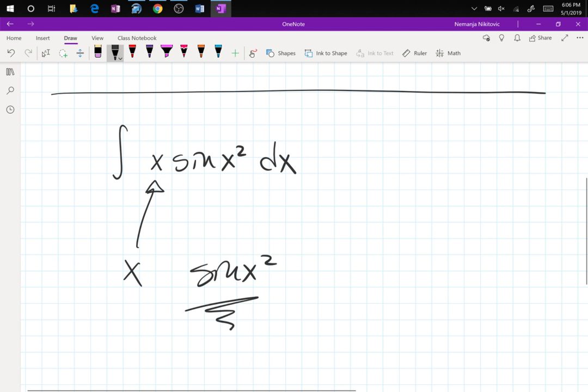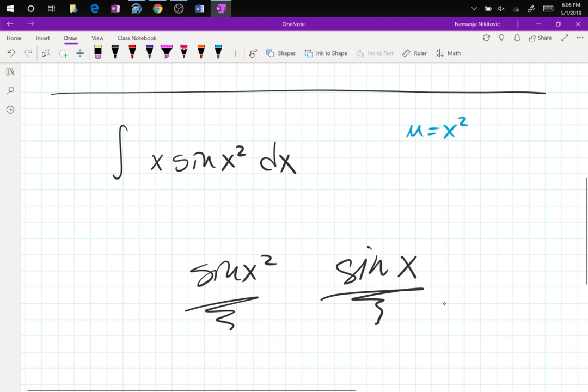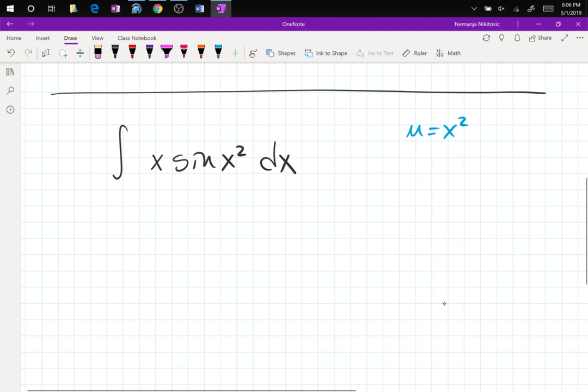So this is where the attitude kicks in. If I just had sine x, life would be better. But I don't. So how about I change the thing that I don't like into something I like and see if we can patch the problem. So we are replacing x squared only with u.